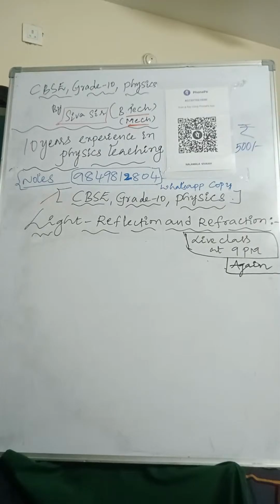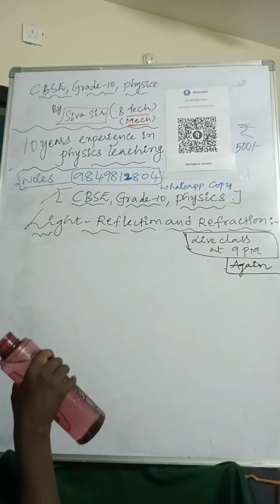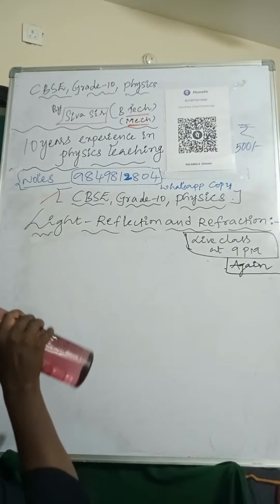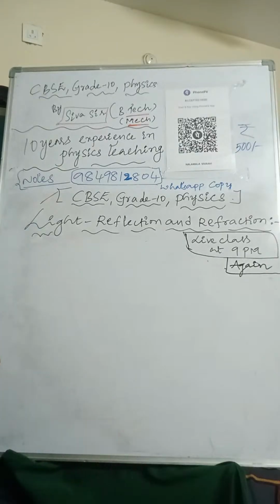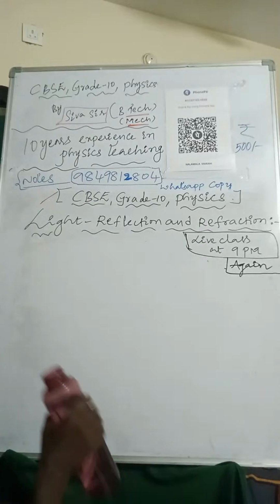And in diamonds also refraction takes place. Diamond shines due to refraction and total internal reflection.